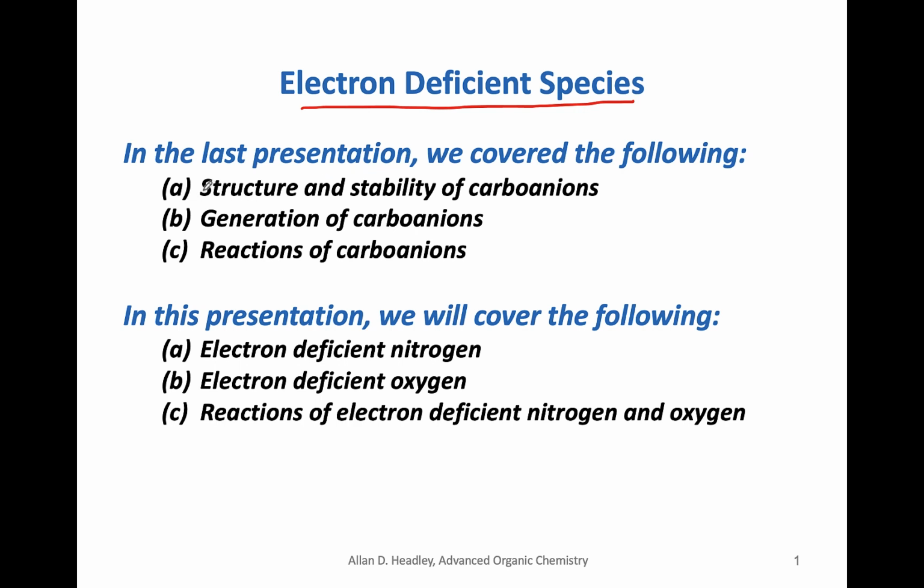But last lecture, just as a quick review, we looked at carbanions, which are negatively charged, and they have an extra electron. And we looked at how to generate carbanions.